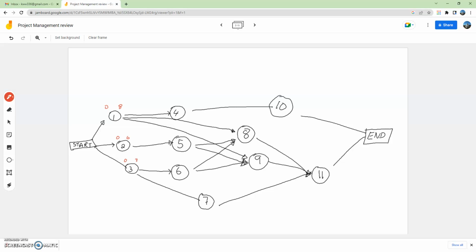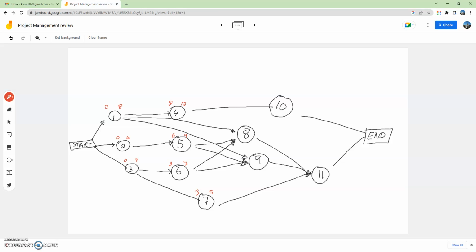Well, activity 4 only has activity 1 as a predecessor, so this will start at time period 8, and it will go till time period 13. Activity 5 occurs after activity 2, has a time period of 3, starts at 6, ends at 9, and then activity 6 has a time period of 4. So this would be 3 to 7. Activity 7 we can complete. Time period is 2. So this is going to start at time period 3 and go till time period 5.